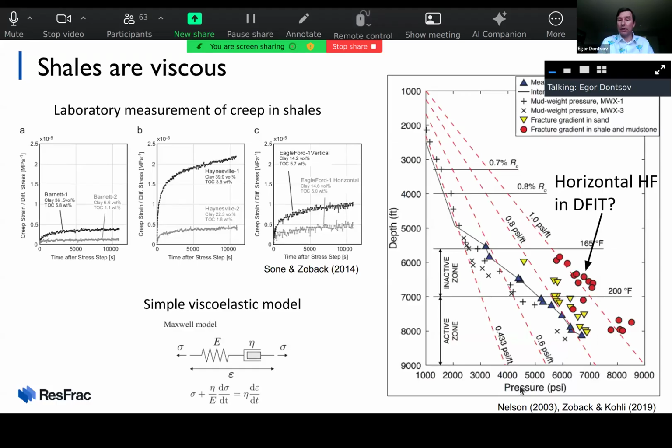And to prove this point, this is a screenshot from one of the publications from Zoback, a DFIT analysis, and they plotted fracture gradient in sandstones here in yellow markers, and fracture gradient in shales, all in red. These are different gradients, 0.8 psi per foot, 1 psi per foot. And the vertical stress gradient is right about 1 psi per foot, maybe 1.1, 1.05.